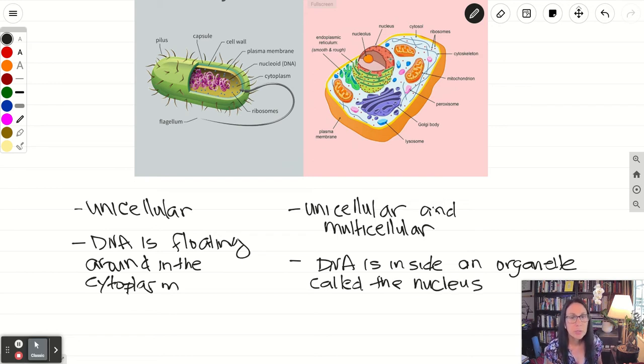Here you can see the nucleus is this orange ball, and the DNA is held inside there, and it's extra protected. I want to point out that an organelle is anything inside a cell that has a membrane. And eukaryotes have lots of organelles.